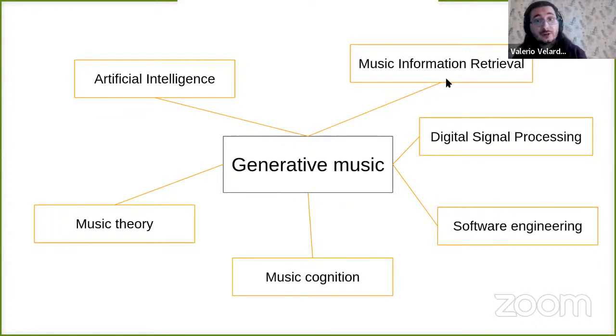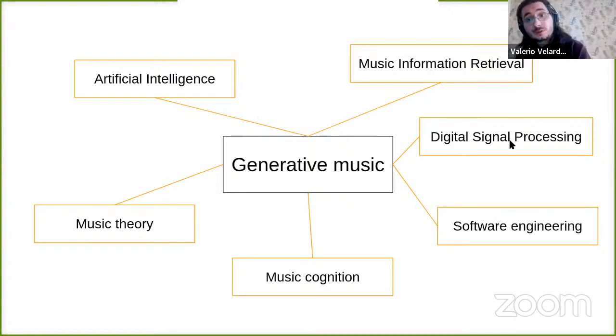But you also need to know about music information retrieval, because there's a tight connection between analyzing a piece of music using algorithmic techniques or computational techniques, and that is basically the goal of music information retrieval. And on the other hand, analysis is connected with generation. You need to analyze and understand music in order to generate it in the best way possible.